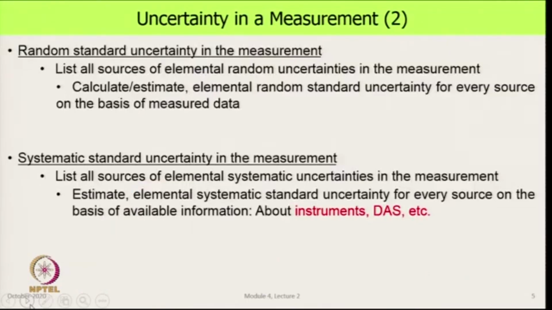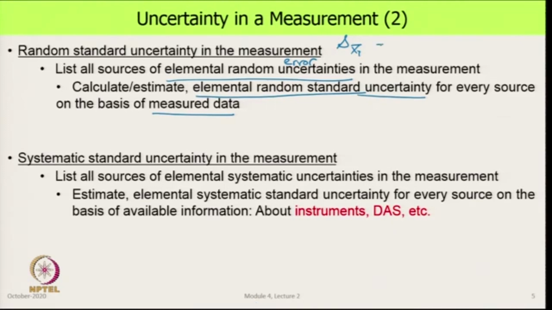So, what we do is, for the random standard uncertainty in the measurement, which was your S x_i bar, we list all sources of elemental random uncertainties, elemental sources of uncertainties, or we can even call them sources of error in the measurement. And this, as we saw, is the decision of the experimenter. And then we calculate from that data, which will be measured data, the value of each elemental standard uncertainty.